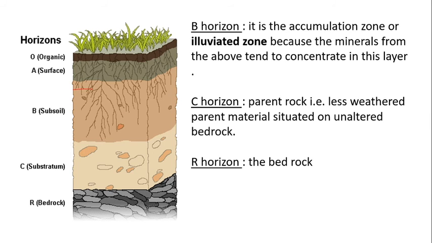From the E horizon, the leached particles accumulate in the B horizon. So B horizon is also called the accumulation zone. Next is C horizon. This is called the parent rock. It is less weathered parent material situated exactly above the bedrock or the R horizon, as you can see in this photo as well as in the slide.